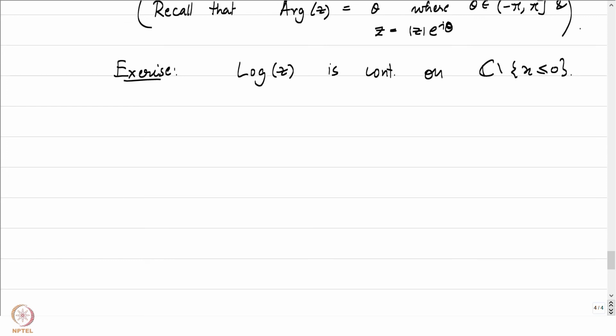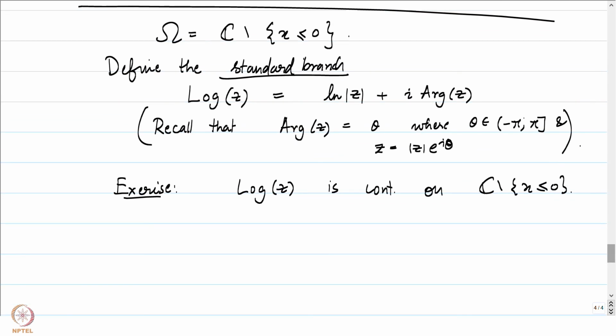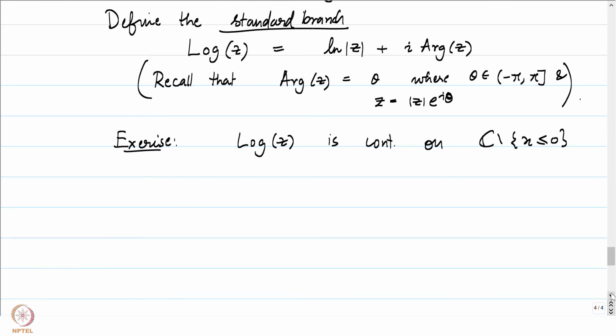The key thing is to notice that the problem comes at pi and minus pi, and that's precisely where the negative real axis is going to come up. So away from such points, this is going to be a continuous function.